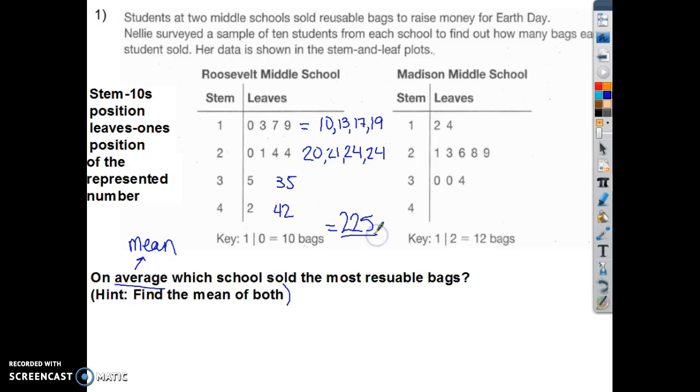But remember, to find the mean, we have to divide by the total number of data items. So I have 1, 2, 3, 4, 5, 6, 7, 8, 9, 10. So I divide by 10, and I get that the mean for Roosevelt is 22.5. Now what you need to do is find the mean for Madison and then say which one sold more. Whichever group had the higher mean is going to be the group that sold the most reusable bags.